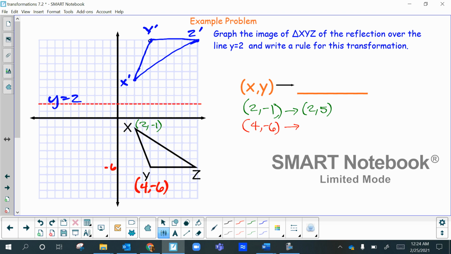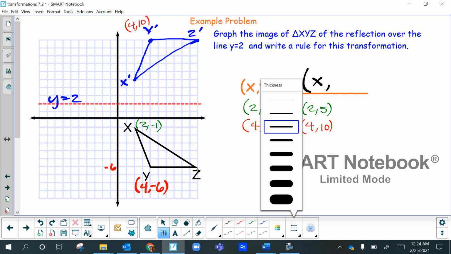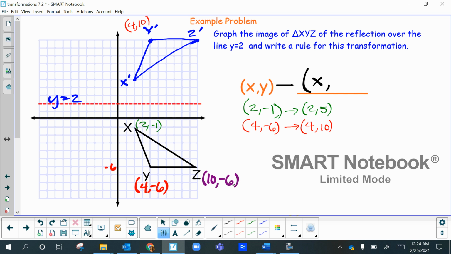And the new y prime is at 4 comma 10. Okay, and so it looks like the x's are staying the same. So let's go ahead and write that in our rule because the x's are not changing. Let's do this last one. The z is at 10 comma negative 6, and z prime is at 10 comma 10.